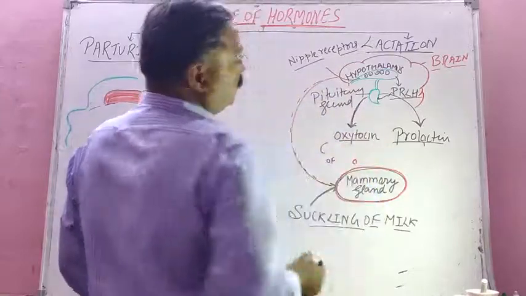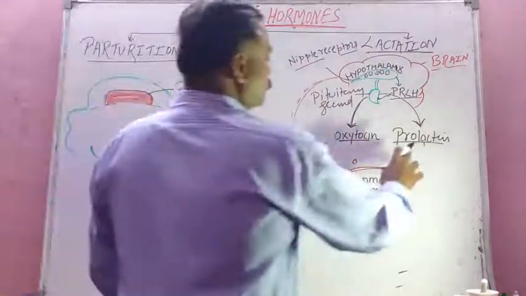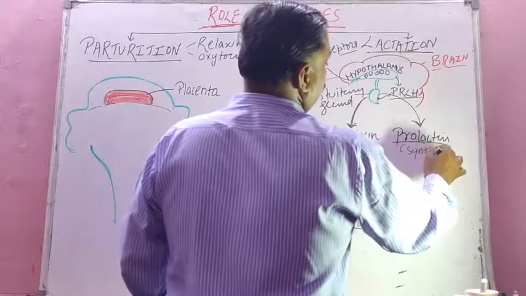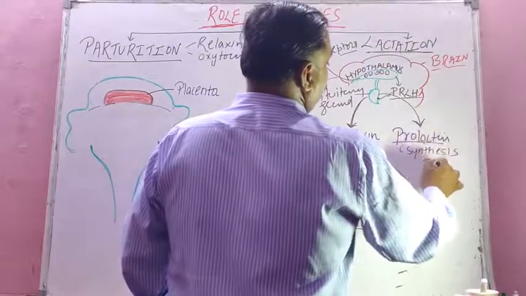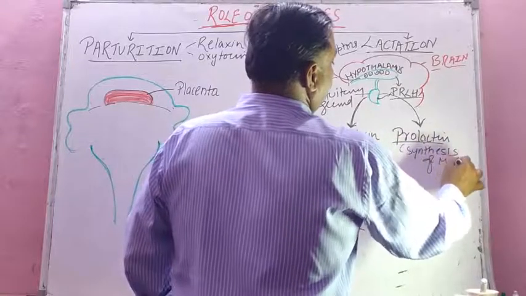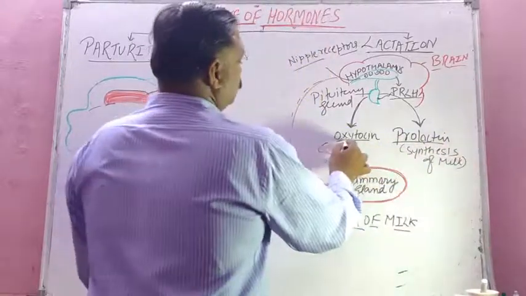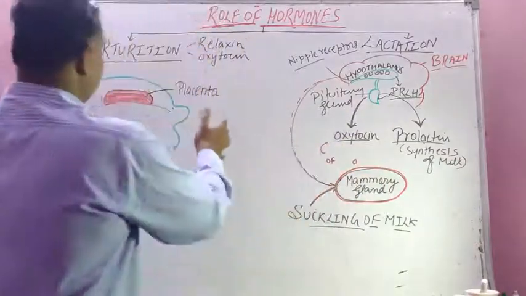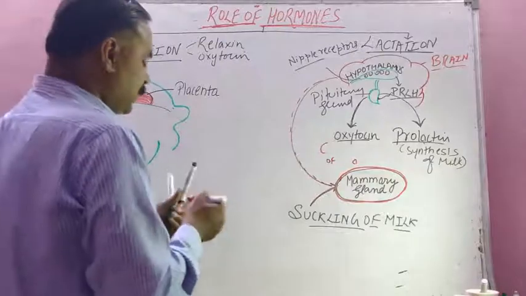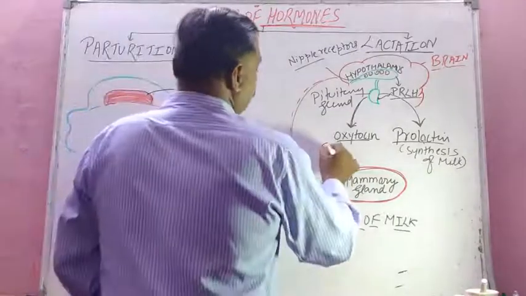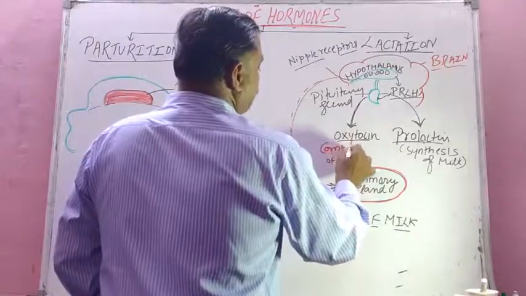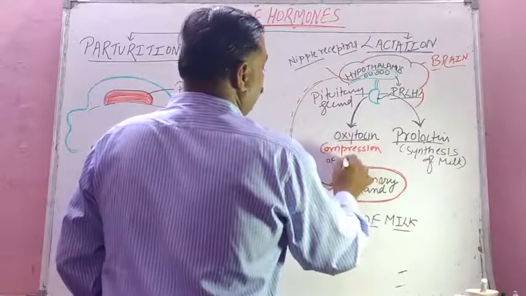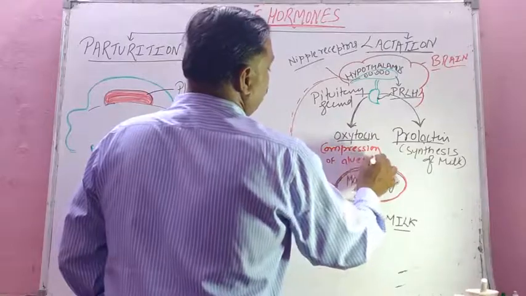Now what are the roles of this prolactin? Prolactin's role is synthesis of milk in the mammary gland, and oxytocin causes the uterus to contract, and at the same time there is compression of the alveoli in the mammary glands.